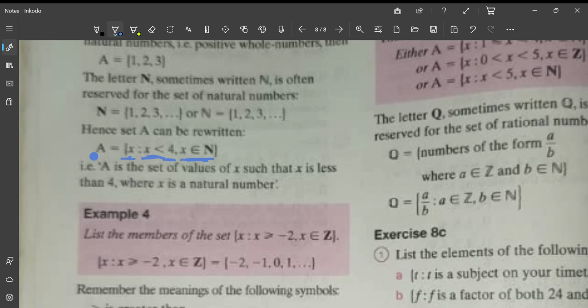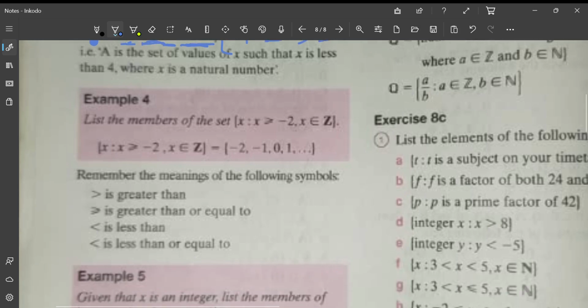No. Natural numbers, in other words, are positive integers, only positive whole numbers. So what are those positive numbers that are less than 4? 1, 2, and 3 are less than 4. 0 is not a natural number. So we start from 1, 2, and 3. Those are the elements in that set.